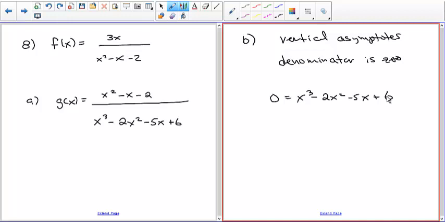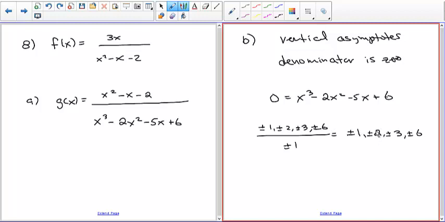So, remember the rational zeros can be plus or minus. What you do is take the factors of 6. So it's plus or minus 1, plus or minus 2, plus or minus 3, plus or minus 6. And the denominator can be plus or minus 1. So that just means you've got 8 possibilities. Plus or minus 1, plus or minus 2, plus or minus 3, plus or minus 6.